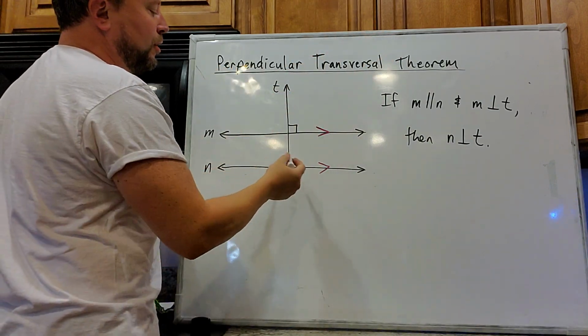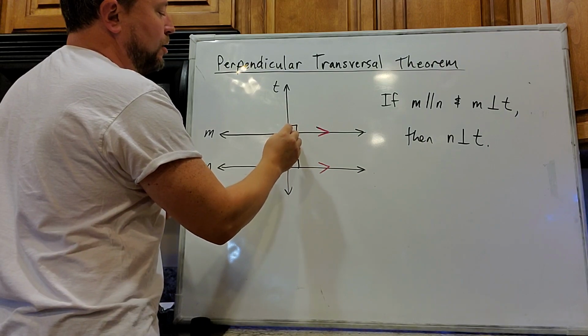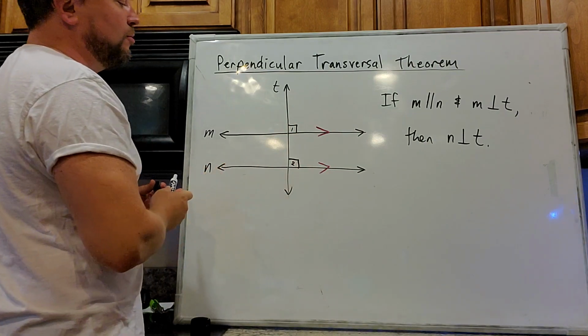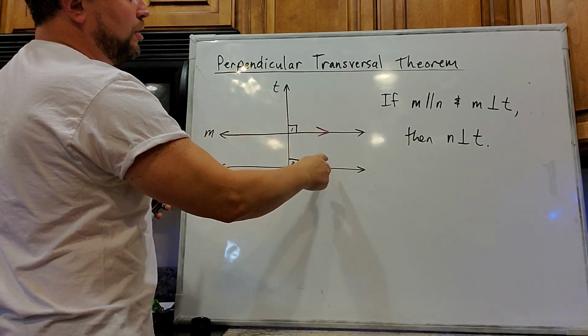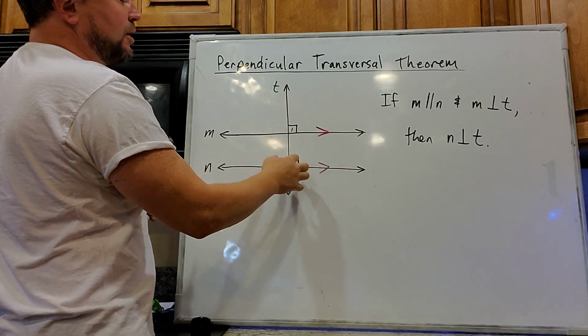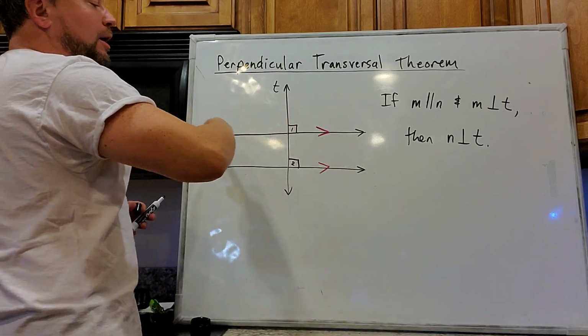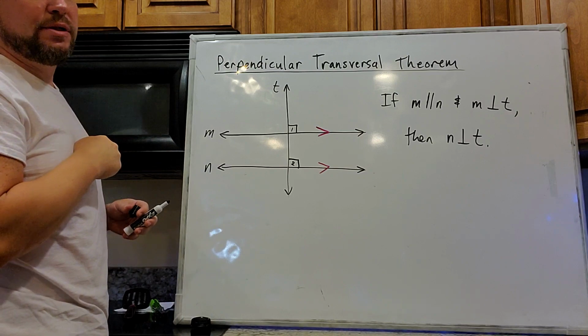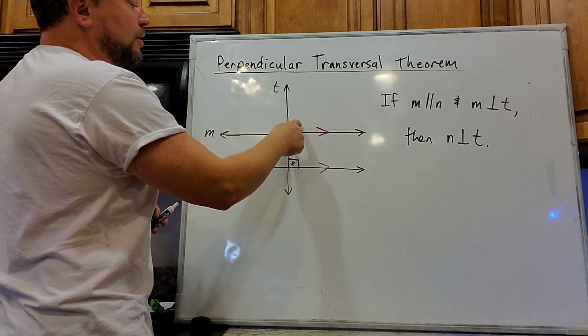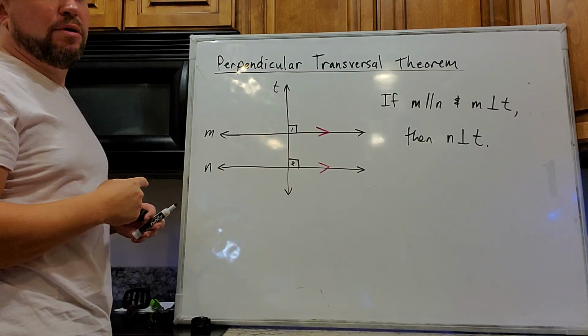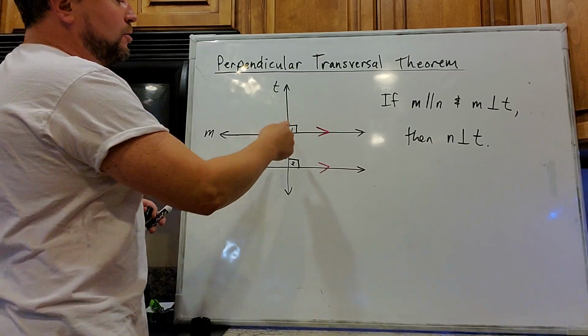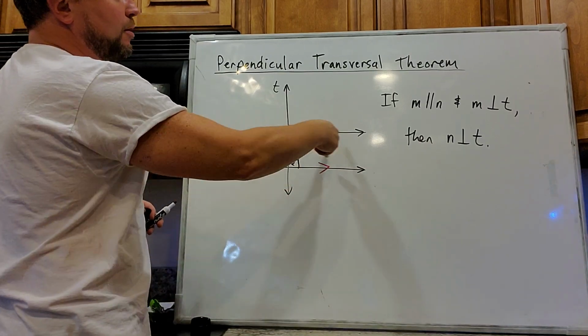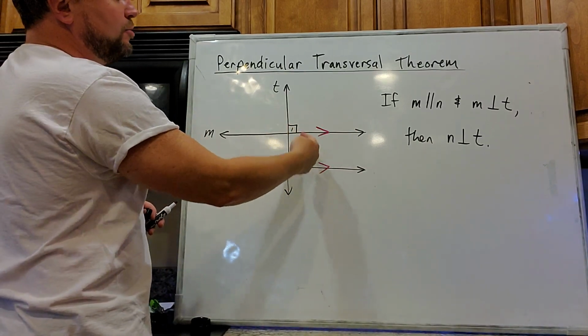And if you look, for example, if I were to call this angle 1 and this angle 2, 1 and 2 are at each intersection. We've got the parallel lines. So from our previous lessons, if you remember right, these two angles are a pair of corresponding angles. We knew if lines were parallel, corresponding angles should match.